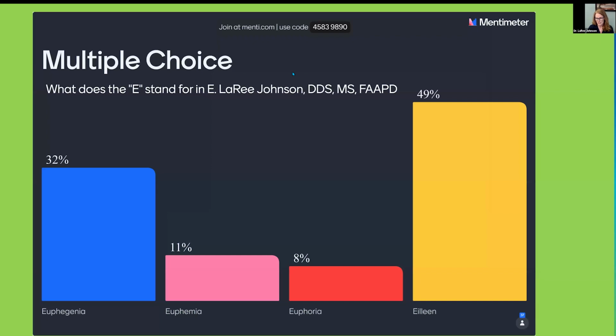Euphoria, well, that's my stripper name. No, just kidding. Don't start that rumor. I was young, I needed the money. No, just kidding. I'm just a boring pediatric dentist. Eileen, that was my first car's name because that song, Come On Eileen, was popular back then, and my car was not very reliable. So I named it Eileen sometimes, but Euphemia is actually my first name, or Euphemie, which is really the way my great grandmother would prefer it be pronounced.